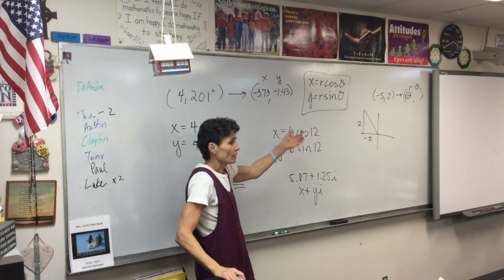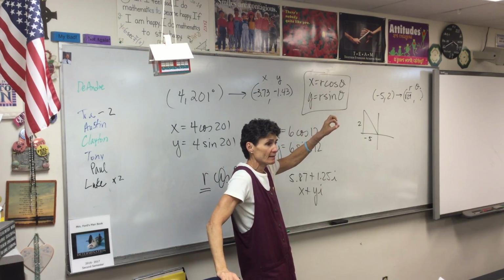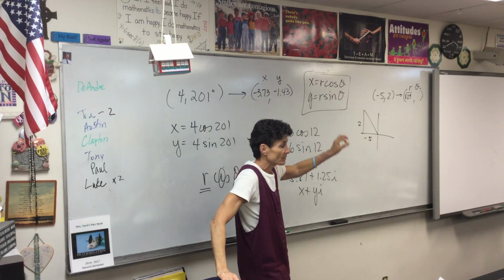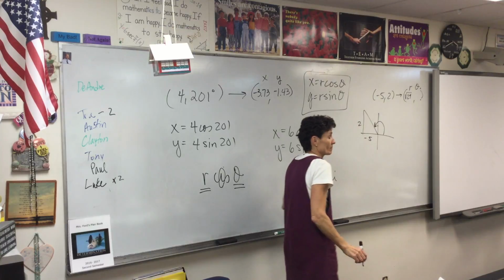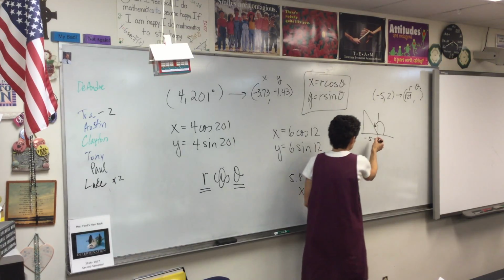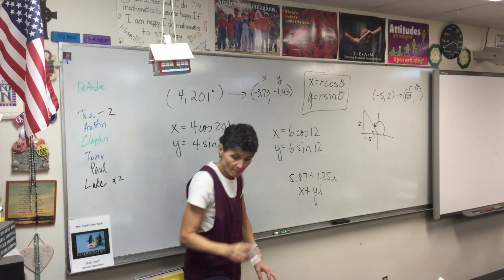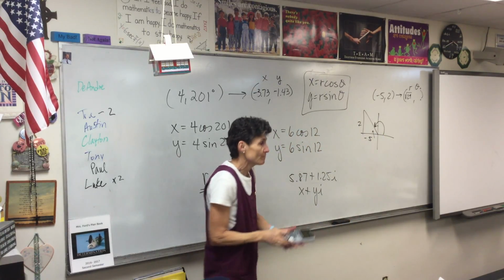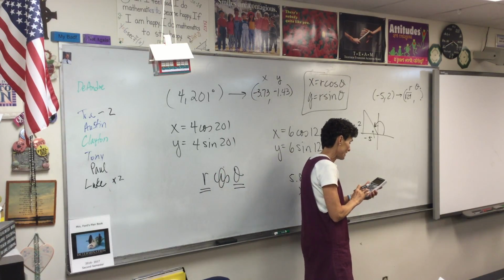Okay, so left 5 up 2, root 29, Pythagorean theorem, right? That's r. Period. Now, this is theta. You can't find it. You have to find this one. You have to be inside the triangle. So who remembers, I need my calculator, second tangent of this.